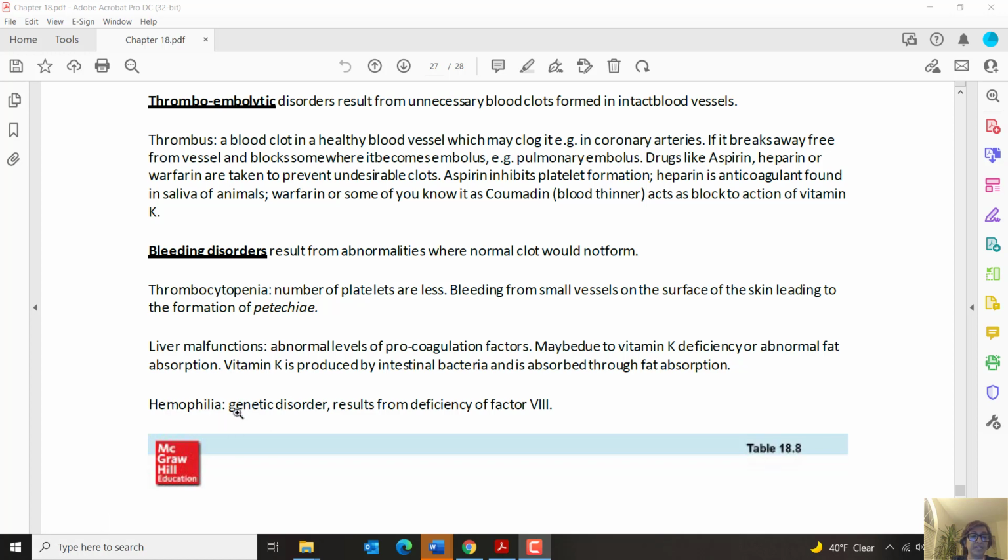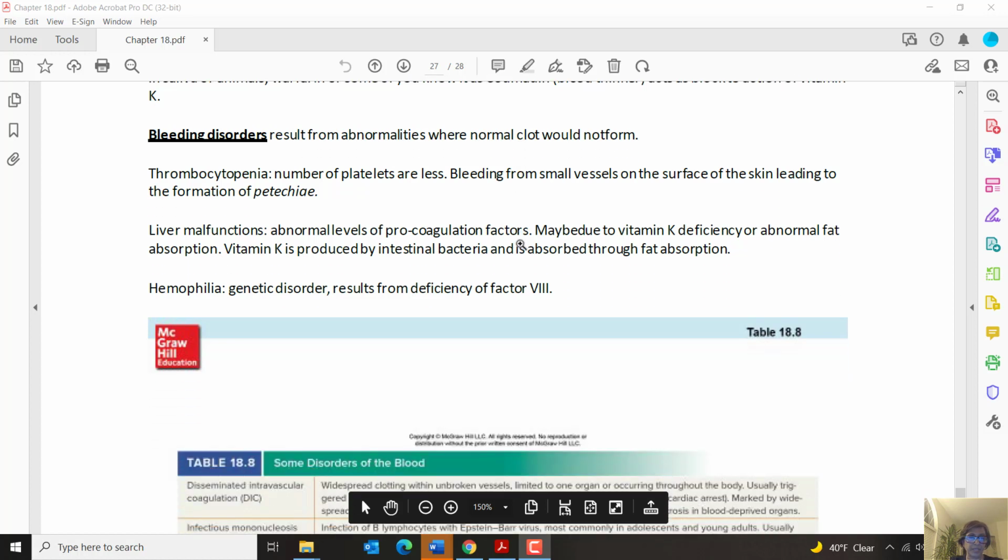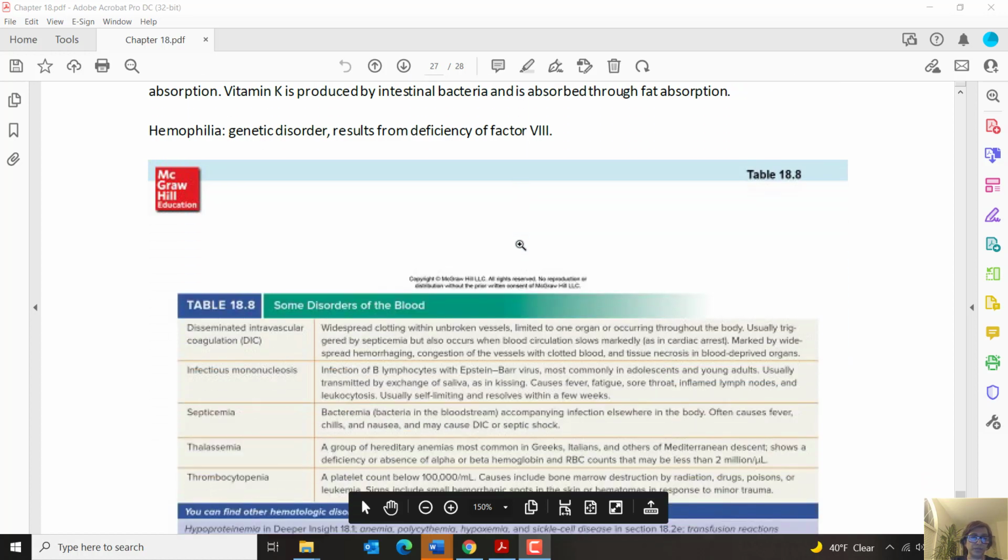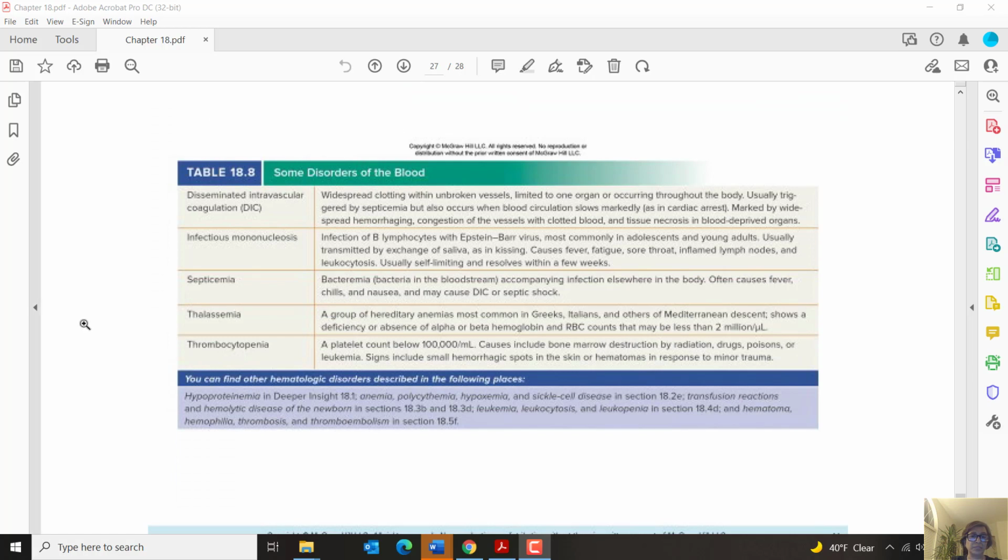And hemophilia is a genetic disorder, mostly from the deficiency of factor 8, okay, that's hemophilia A, and then B and C, which we just saw. So here are some of the disorders which are actually given in this. Septicemia, thalassemia, right? Thalassemia we saw in the blood, where if the hemoglobin is not formed properly, that leads to thalassemia.